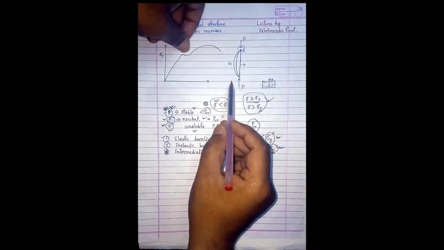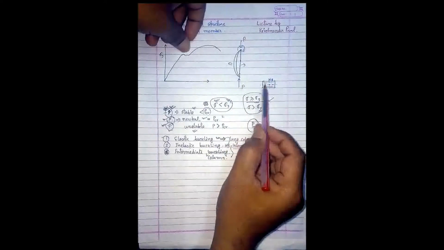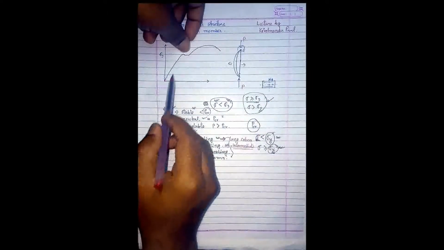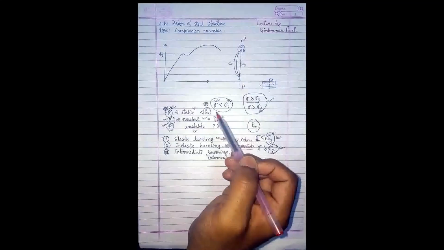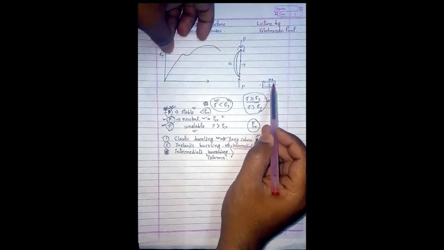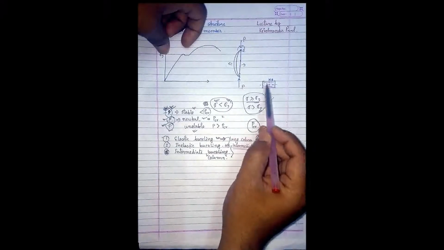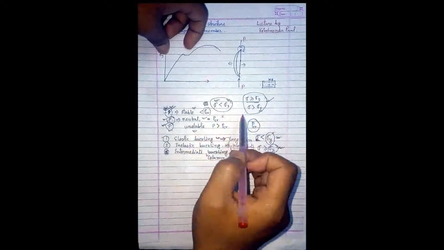We can say the member is failing due to material failure only when the total cross section fails due to the stress reaching or crossing the yield stress. In inelastic buckling, some fibers in the cross section cross the yield stress, but the maximum part of the cross section has not reached it, yet the member fails due to buckling.